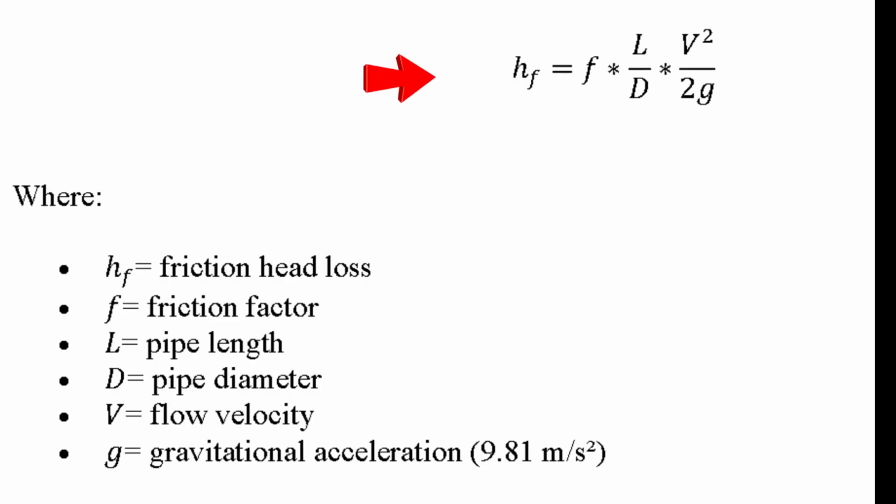The governing equation is the Darcy-Weisbach equation, where hf equals friction head loss, f equals friction factor, L equals pipe length, D equals pipe diameter, V equals flow velocity, and g equals gravitational acceleration, 9.81 meters per second squared.